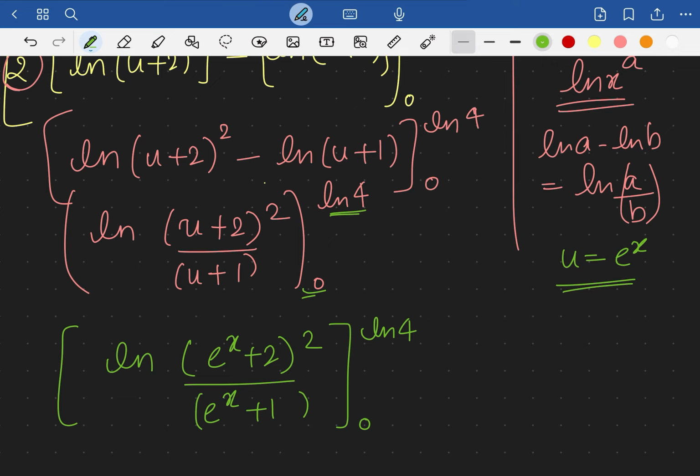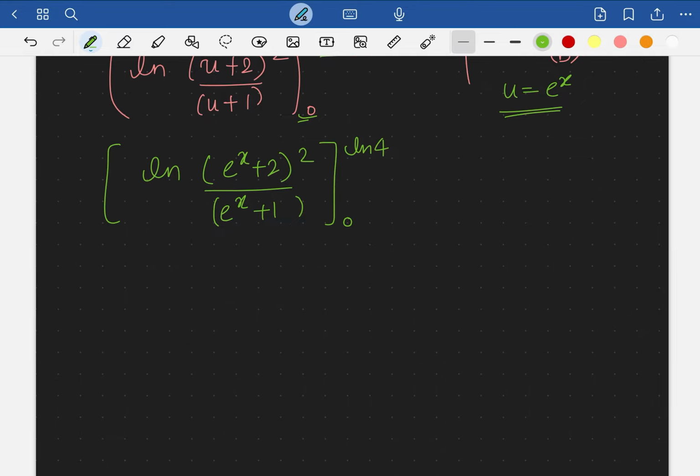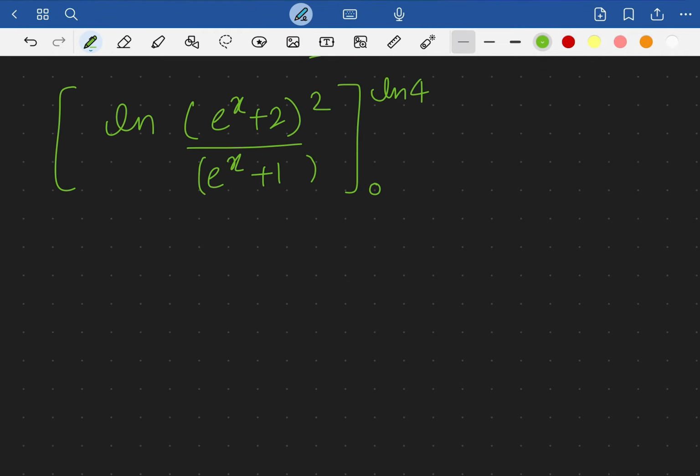Once this is done, I can just put upper limit minus the lower limit. So it will become ln, in place of x I will put the upper limit, that is ln 4.